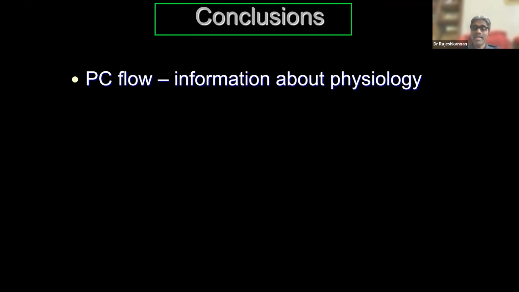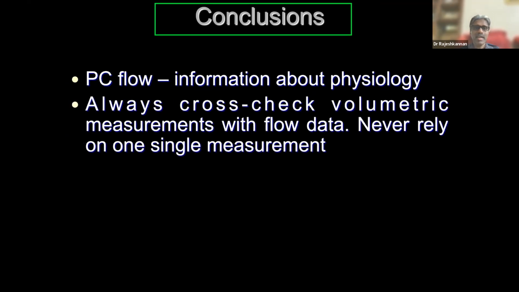So to conclude, the phase contrast flow study contains information regarding the physiology, the blood flow, and the velocity information within the vessel, and you always have to cross check the PC numbers. Whatever numbers you are getting, you don't just use that data. You always compare it with the data from the volumetry, because anyway we are doing the short axis cine and we will get the end diastolic volume, end systolic volume and the stroke volume.